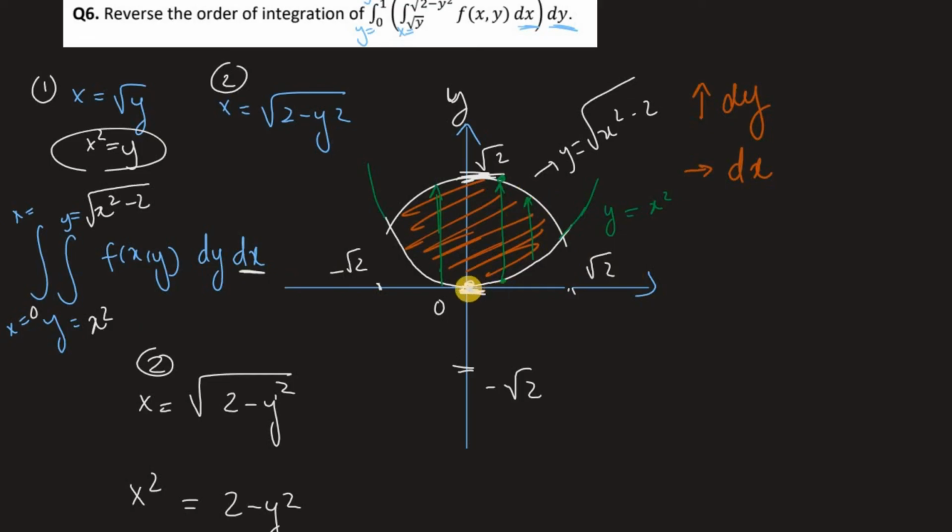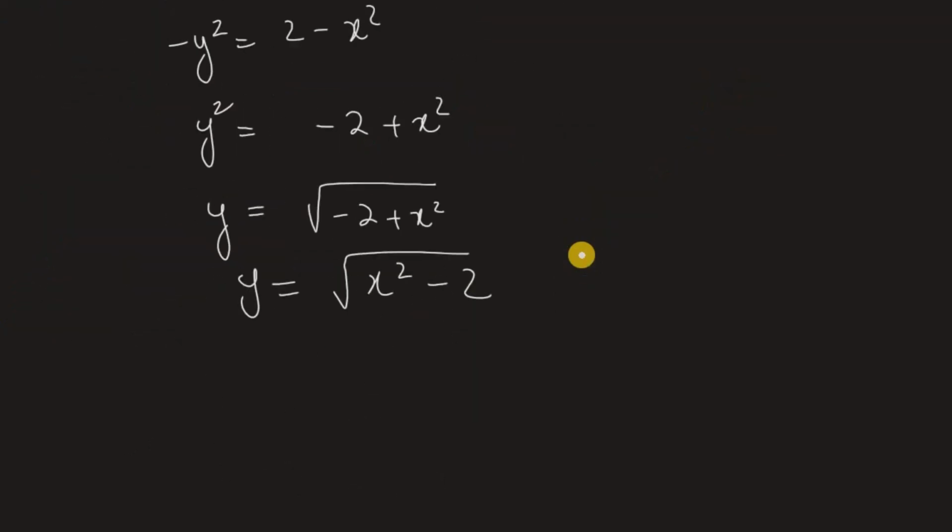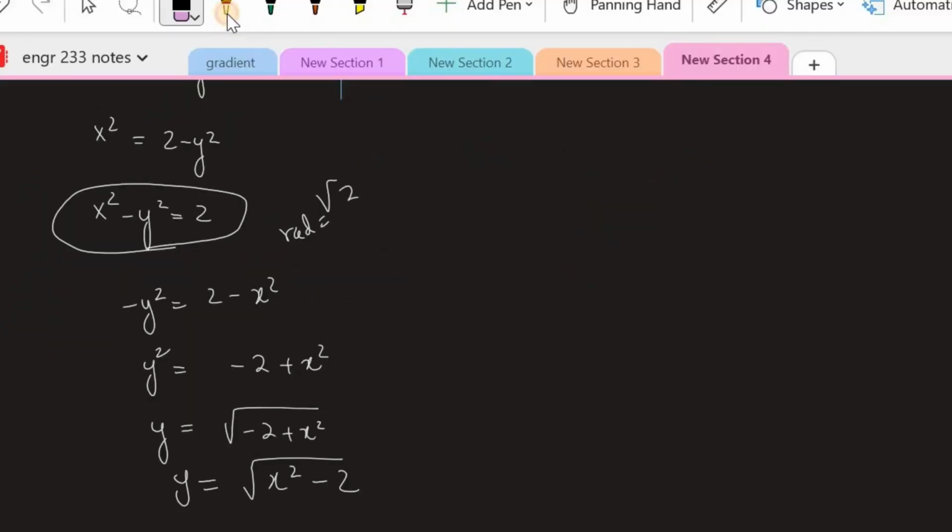Here you can see that the lower bound is 0, which is correct. But the upper bound is not square root of 2. It has to be this value over here, which is actually the intersection point of these two graphs. So we need to figure out this value, the intersection of two graphs.